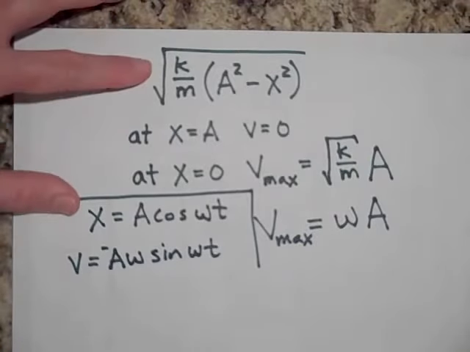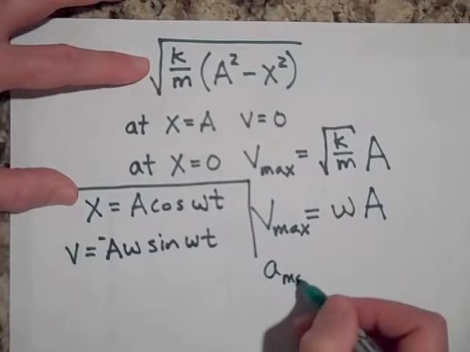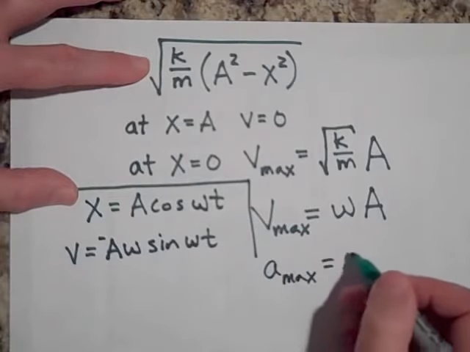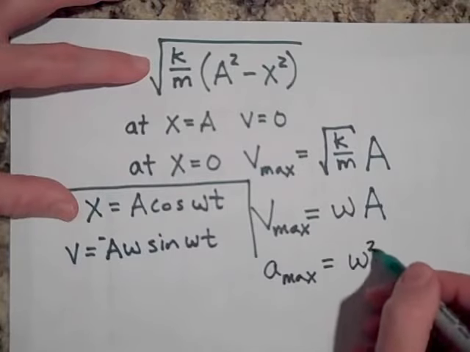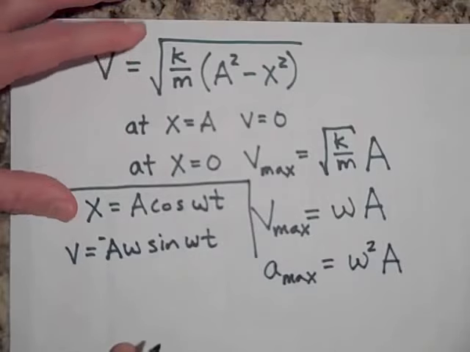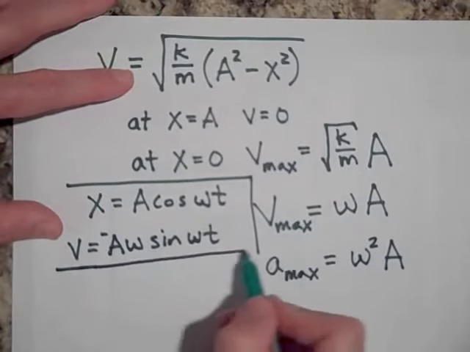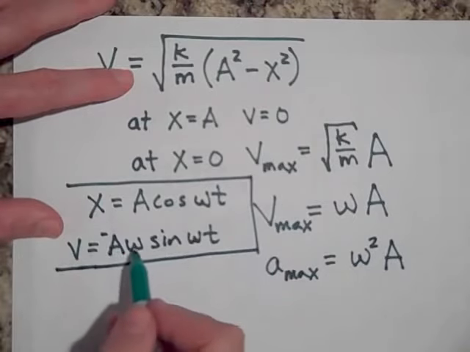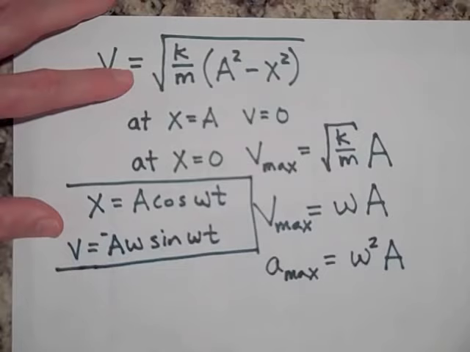Hey, since we're talking about v max, let's talk about a max. We know that a max is omega squared A. And let's just show how that works. Why is that the case? Besides the fact that if you take the derivative of this, you get A omega squared cosine omega t with a negative sign in front.